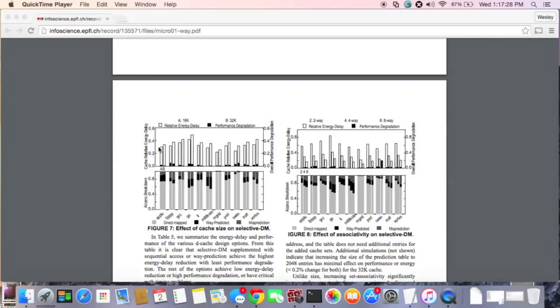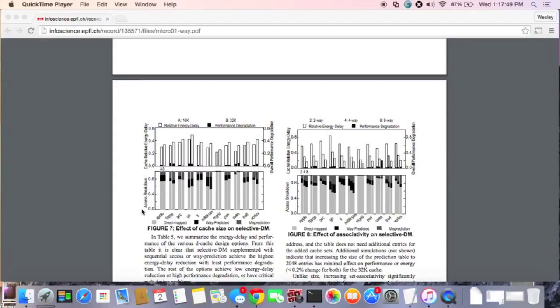So as you can see, a little less energy on the 16K caches versus the 32K size caches, but not much performance degradation difference in either of the cache sizes.